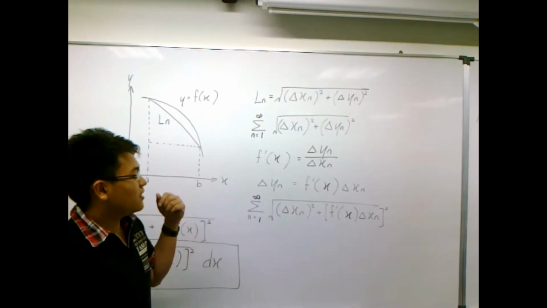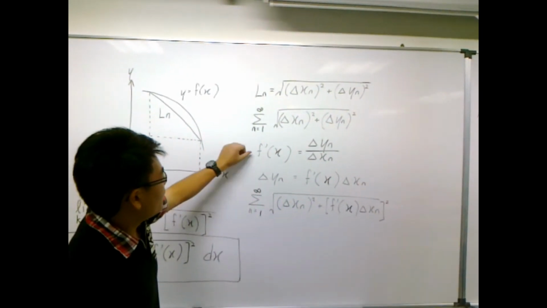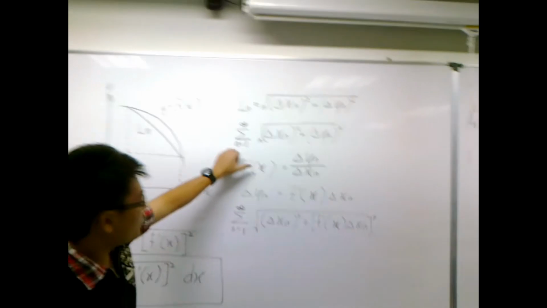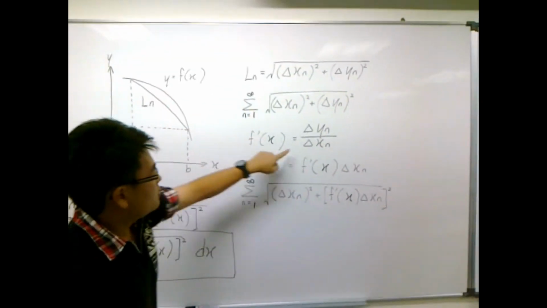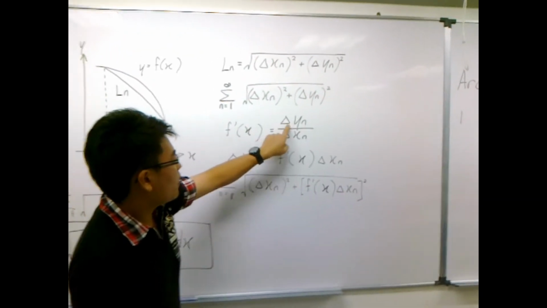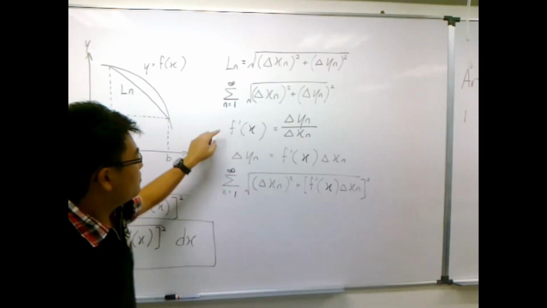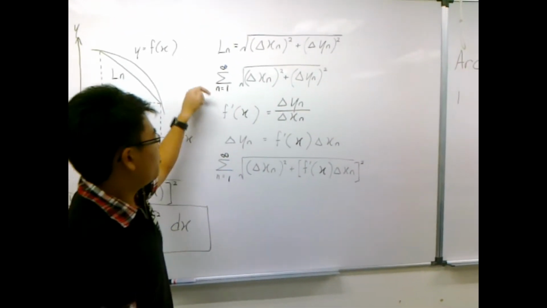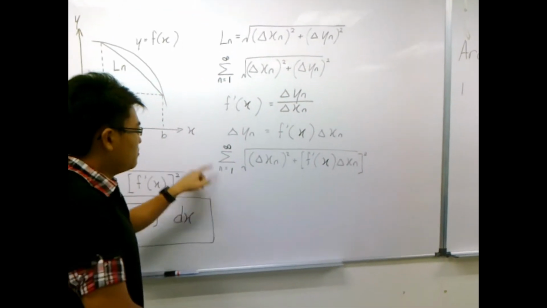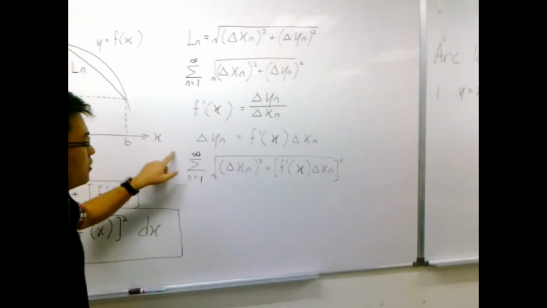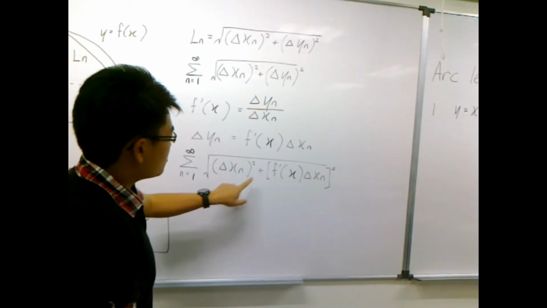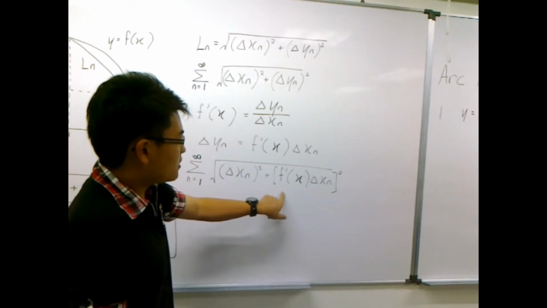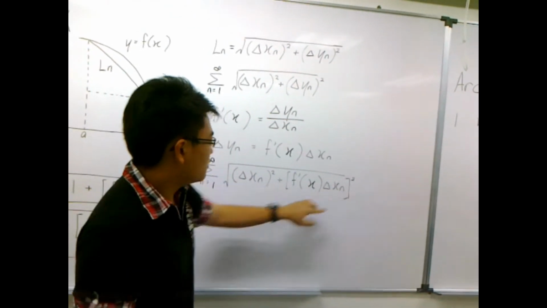And the second equation, we find the gradient, which is f prime x. The gradient is yn over xn. And we substitute this equation into the previous equation, and we get the summation from n equal to 1 to infinity of the square root of xn squared plus f prime x times xn squared.